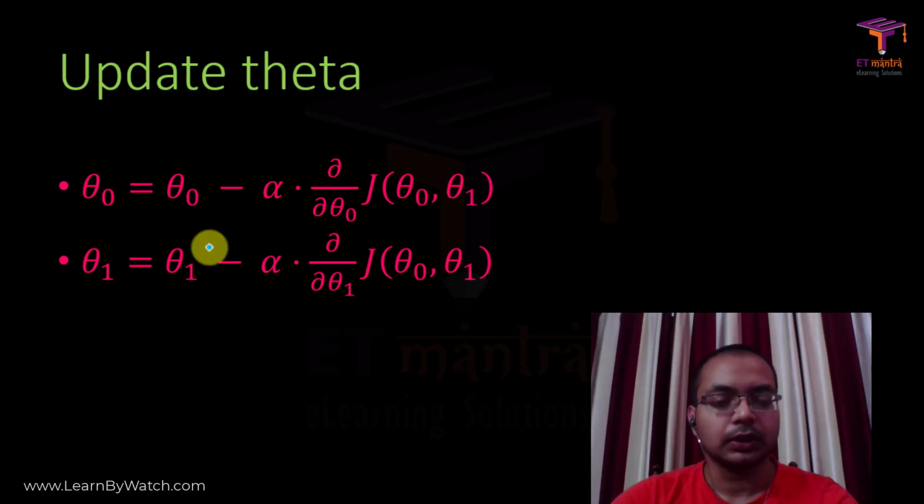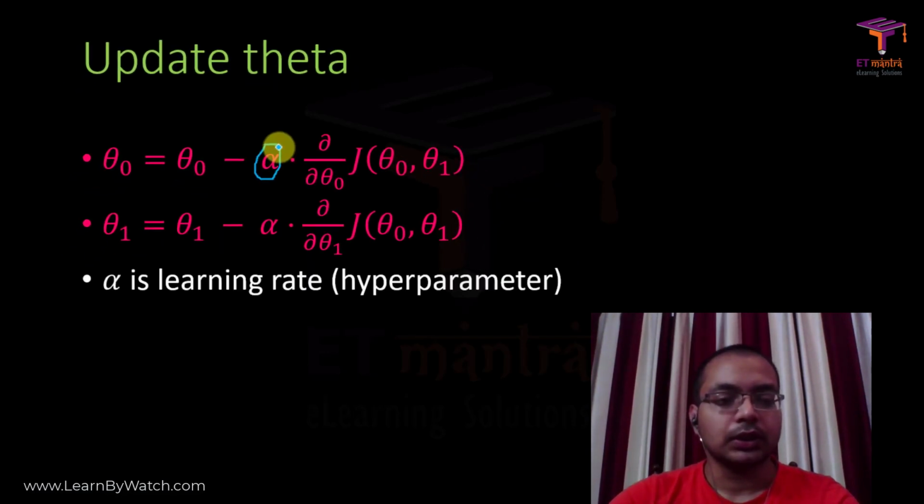We have this formula by which we update the value of theta. Here we notice a new term, which is alpha, which is the learning rate. It is also called a hyperparameter because it is determined by us, and we choose it according to our model.